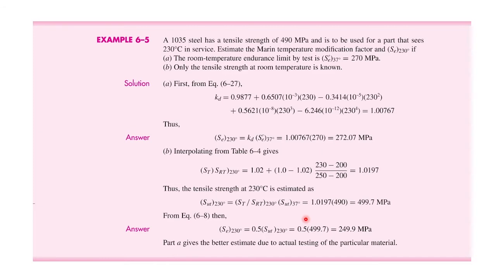S'_E equals 0.5 S_ultimate until an S_ultimate of 1400 megapascal. Once the ultimate tensile strength reaches or exceeds 1400, then S'_E takes a constant value of 700 megapascal. We have already discussed this before. So you either go with this route or with this route, but you don't combine the two routes together.